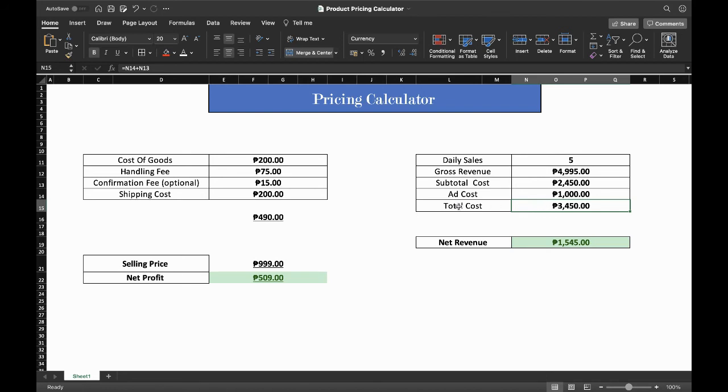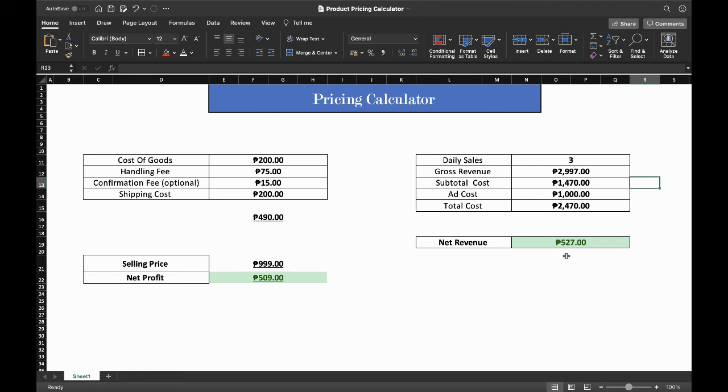So now you subtract that from the 4,995, which is your gross revenue, which gives you a net profit at that point of 1,500 pesos.